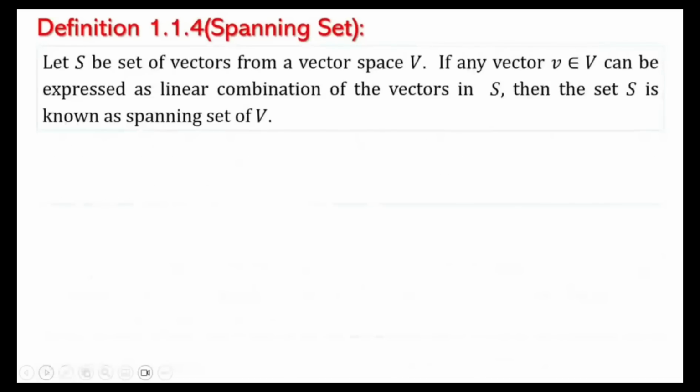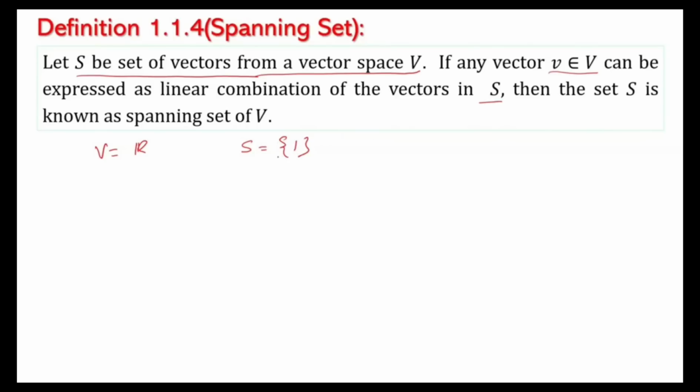Next is the spanning set. Let S be a set of vectors from a vector space V. If any vector v belonging to V can be expressed as a linear combination of vectors of S, then the set S is known as the spanning set of V. For example, let V equal R, the set of real numbers, and S equal the single set {1}.